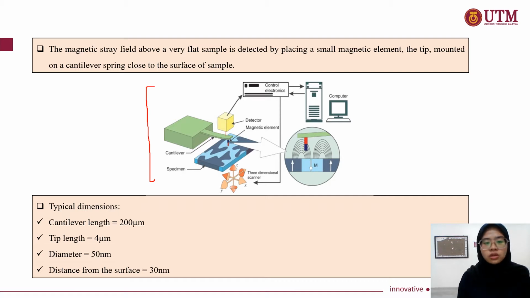From the picture shown in this slide, we can see there is a cantilever, a specimen, and a detector, where the detector will process the data in a computer, and the magnetic element. Next, typical dimensions. The first typical dimension is cantilever length, which is 200 micrometer, tip length, which is 4 micrometer, the diameter, which is 50 nanometer, and the distance from the surface is 30 nanometer.